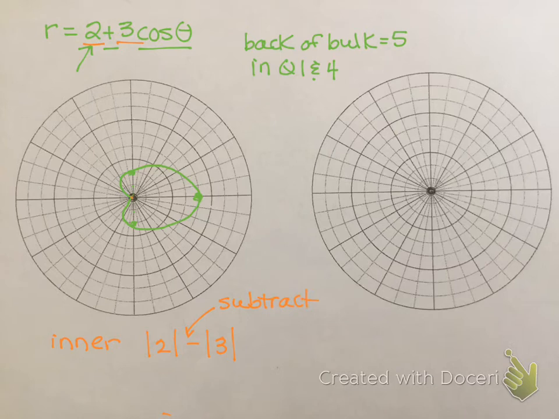And then I take the absolute value of that result. So I'm going to get the absolute value of 2 minus 3, which is -1, and that absolute value is 1. So my inner loop goes inside, so this direction, inside, and the number of units is 1. So it's a teeny tiny little inner loop in there.